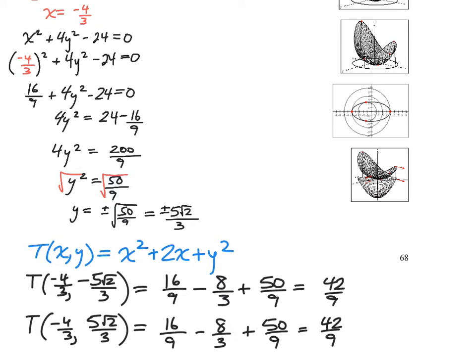Minus 24 is 42, right? Denominator, boom, boom, boom. So it looks like we have two distinct locations where we're going to arrive at an extreme value, all right?